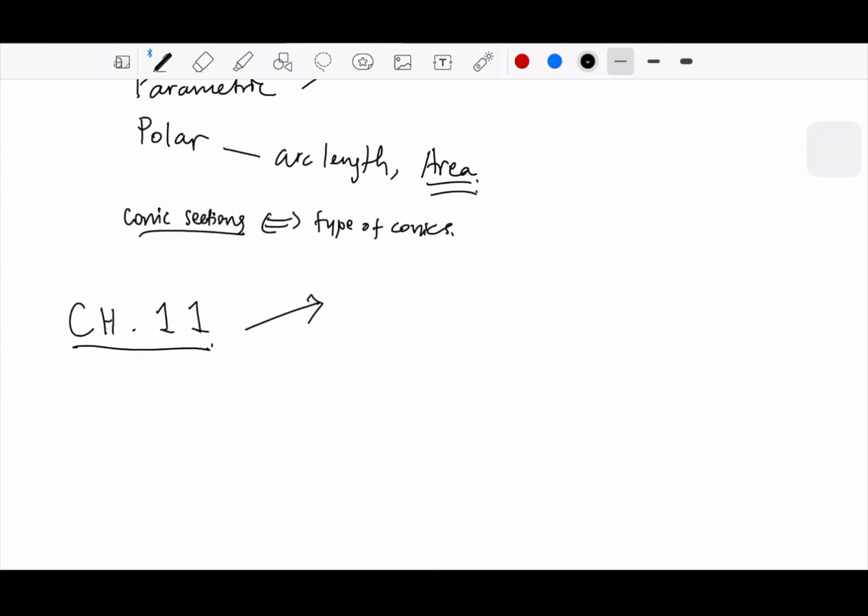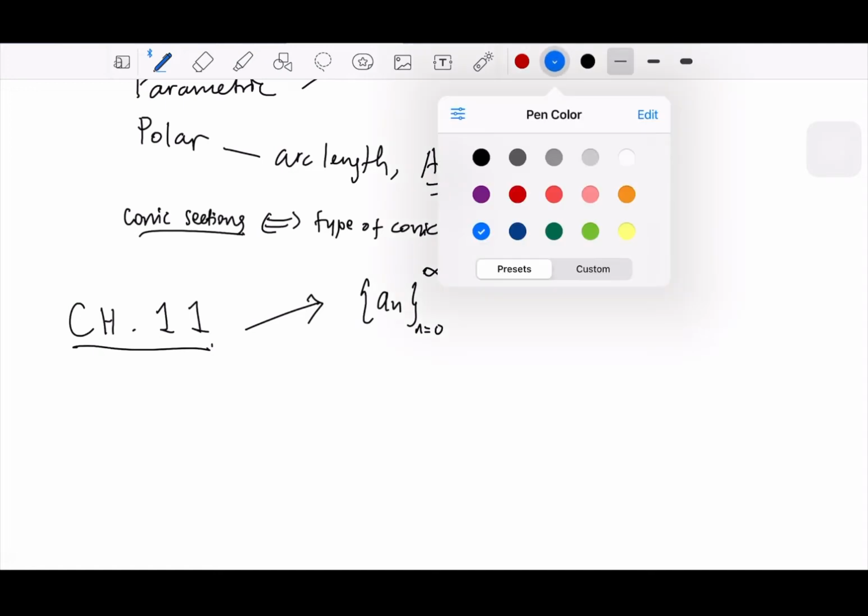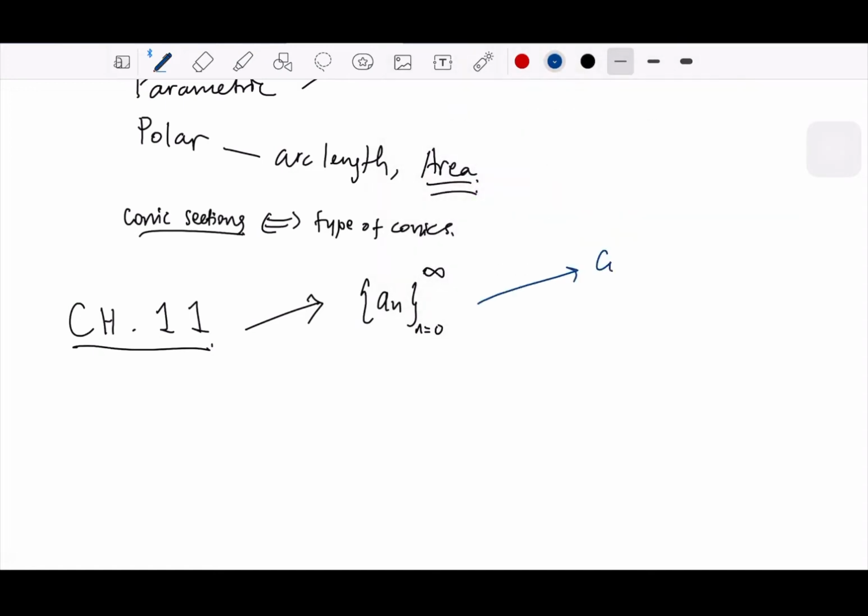First, we learn about sequences. And from the sequence, we know that it can converge or diverge. To determine convergence and divergence, we are going to use the limit.